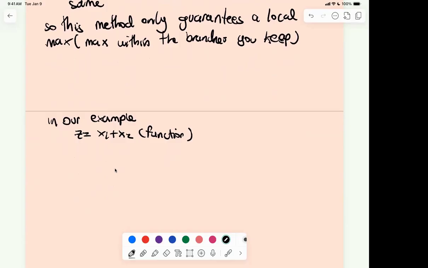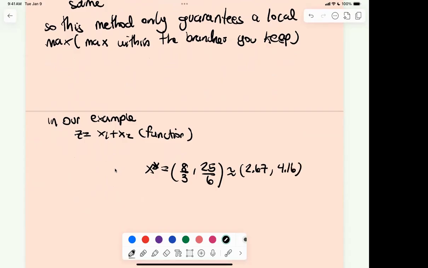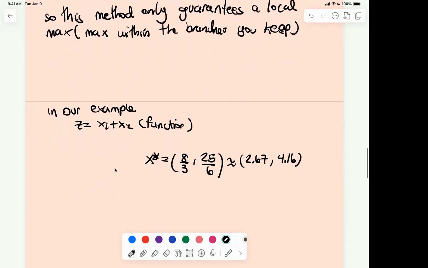So we had the 0th branch, which was the first max, which is roughly 2.67. That's what I showed you on GeoGebra. 4.16. Okay, so that is what you find just by doing the linear optimization problem. So step 1.